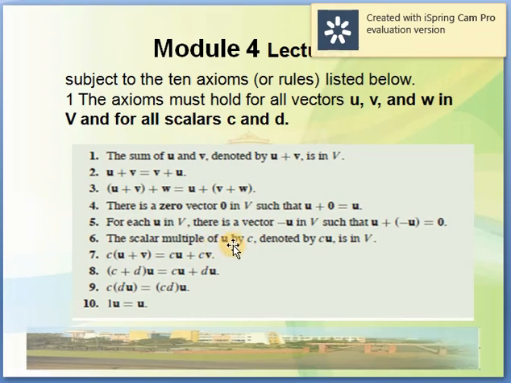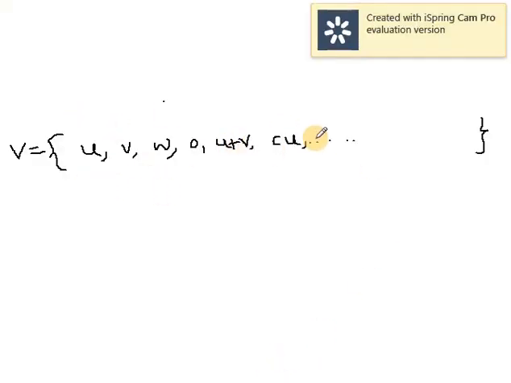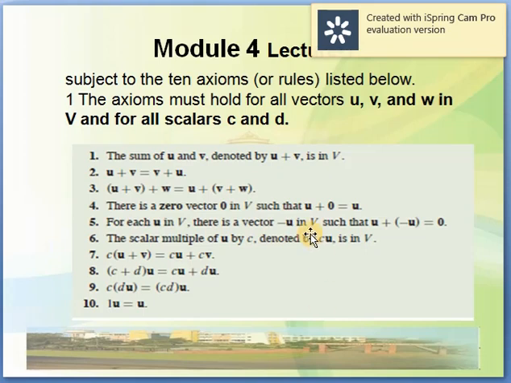Then the scalar multiple of u by c, represented as c into u, should also be in V. Likewise c into v, c into w, all these should be in V. Then the next properties: the distributive property with respect to addition, c into u plus v, and the unity property.